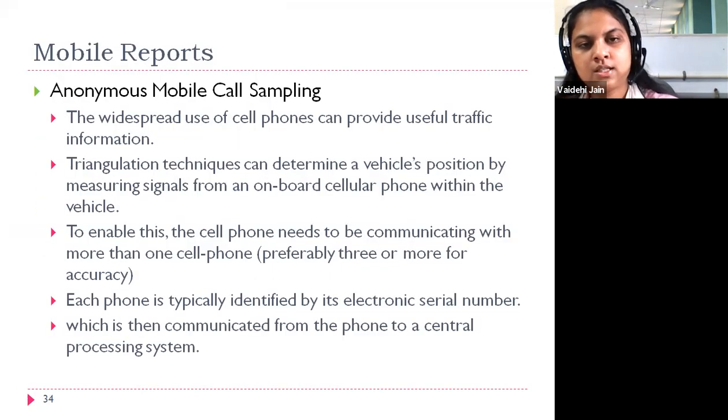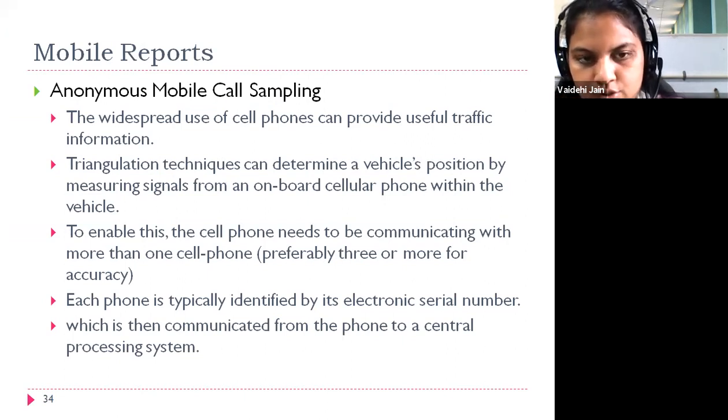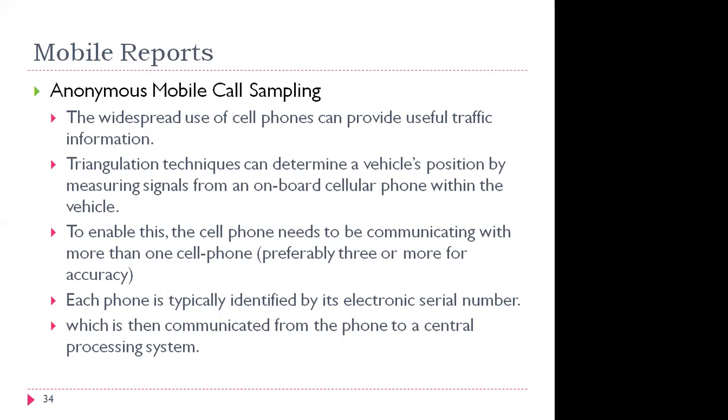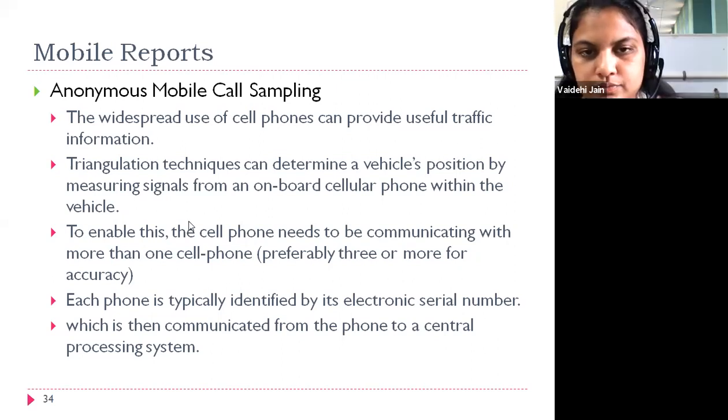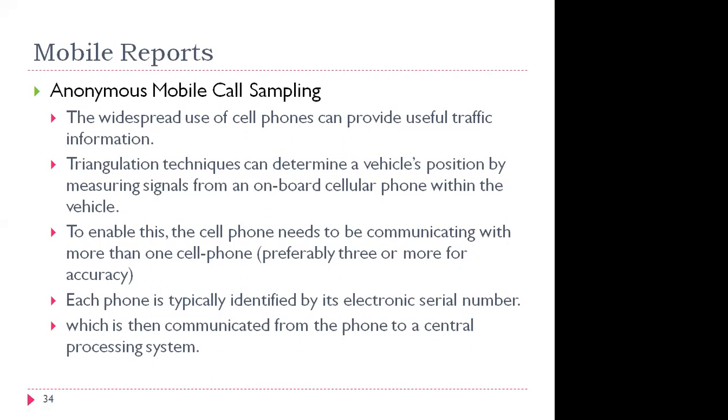Now, once the sensing technology or the sensors have captured all these things, then it is going to the device and then the mobile report is generated. Fine. So the widespread use of a cell phone can provide useful traffic information.